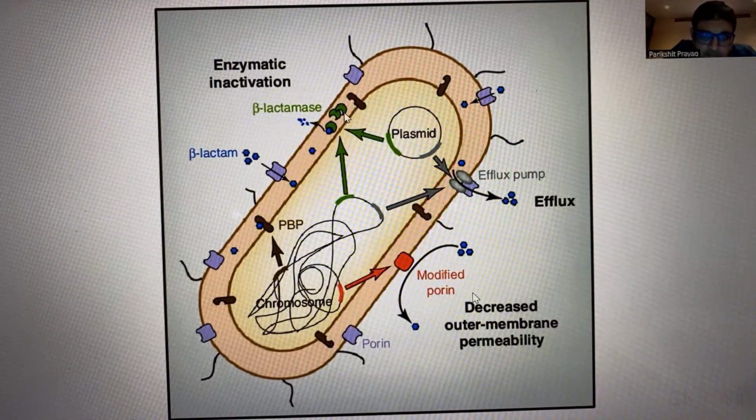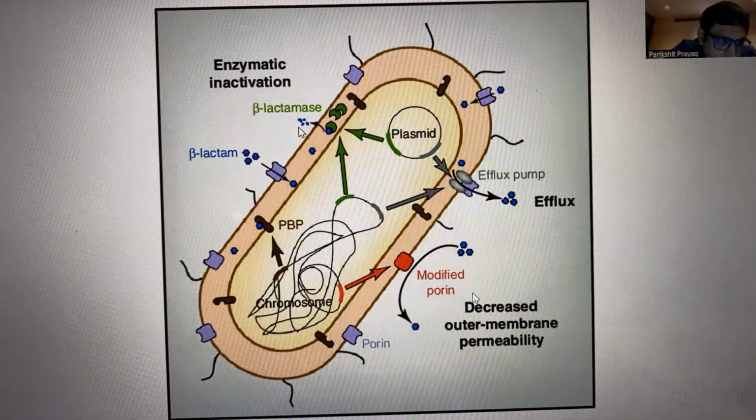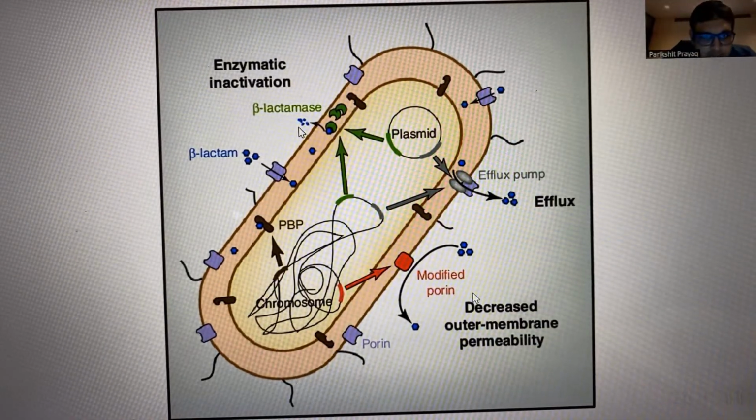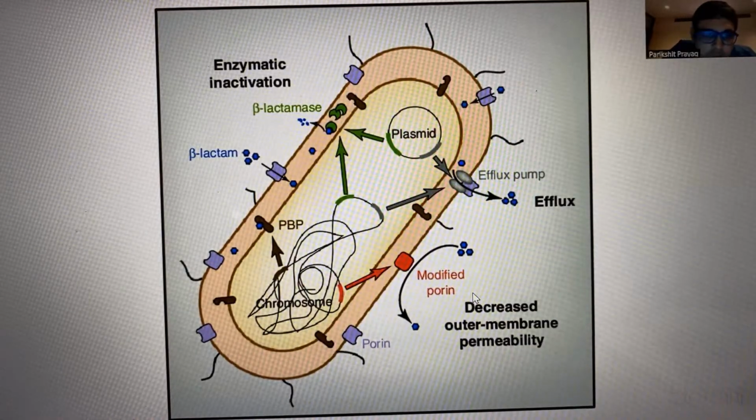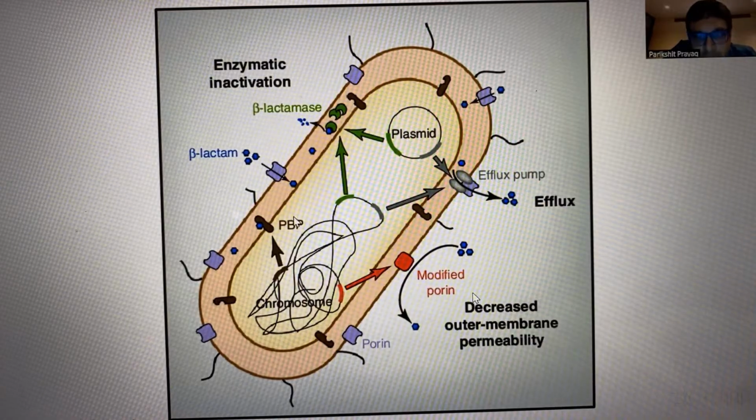Then you have beta-lactamases, which again are enzymes that destroy our beta-lactams. We've heard greatly about AMCs and ESBL, so I'll be talking about carbapenemases. And then last but not the least, you could have a modification in the penicillin binding protein itself. What that means is that the final target is mutated, and that's why your beta-lactams won't be able to act.